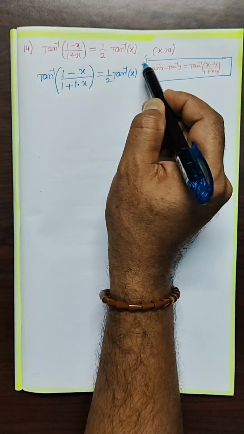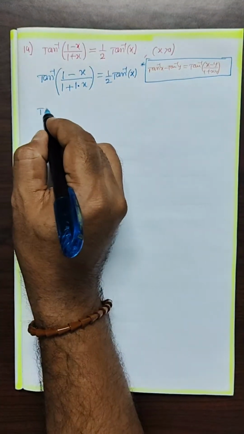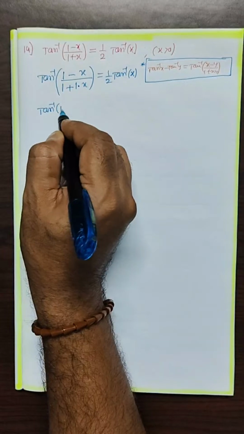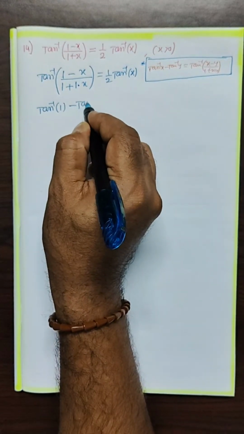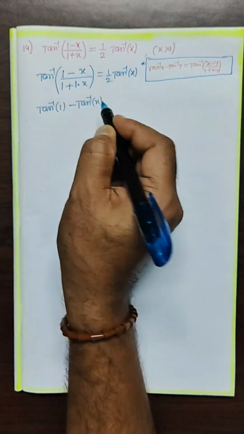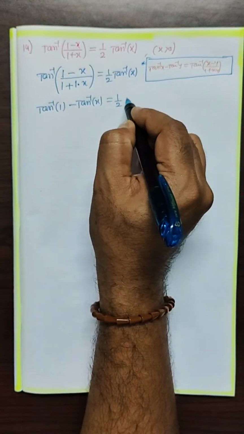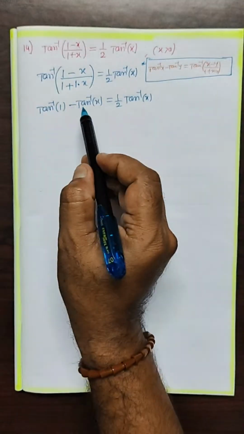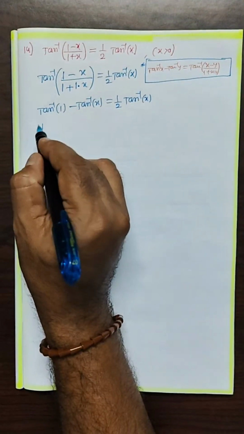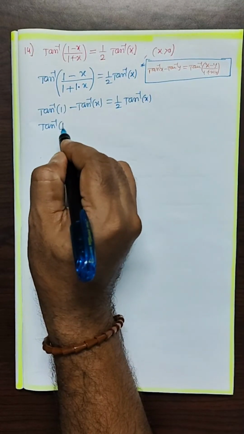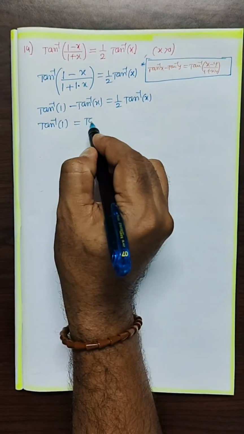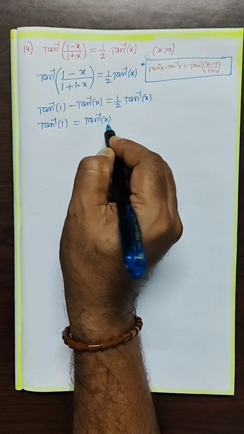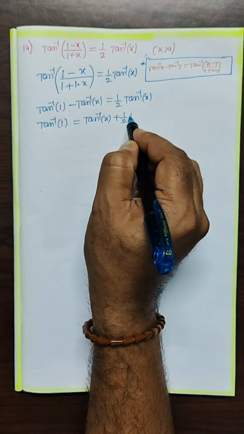By using this result, tan inverse 1 minus tan inverse x is equal to 1 by 2 tan inverse x. So this minus tan inverse x, bring that side: tan inverse of 1 is equal to tan inverse of x plus 1 by 2 tan inverse of x.